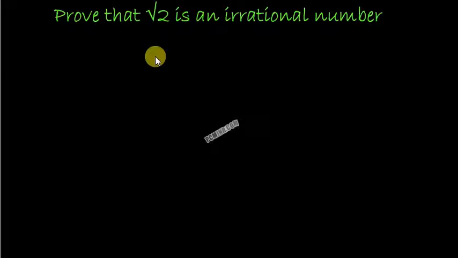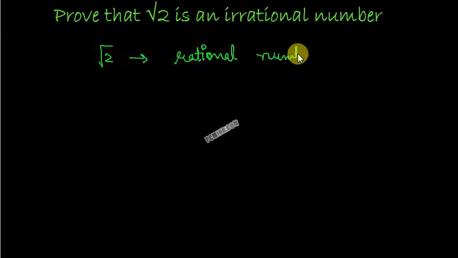Your most important question is, prove that square root 2 is an irrational number. Since the question demands that we prove square root 2 is an irrational number, we start with a hypothesis: let us assume that square root 2 is a rational number. We start with the opposite of what we want.